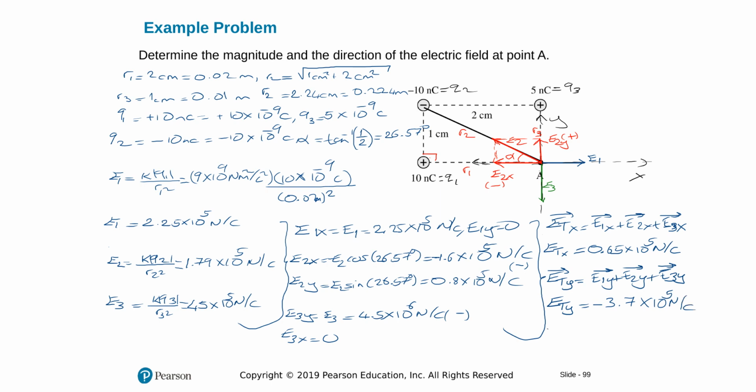And then we find the total electric field as we always do: the square root of E total x squared plus E total y squared, and that will be equal to 3.75 times 10 to the 5 Newton per coulomb.